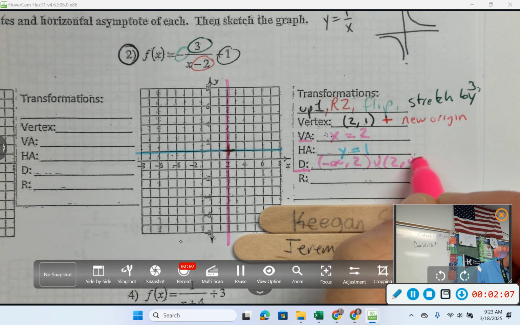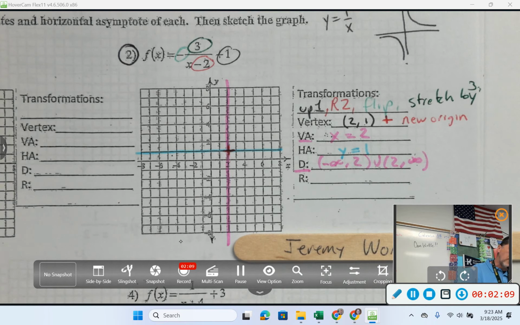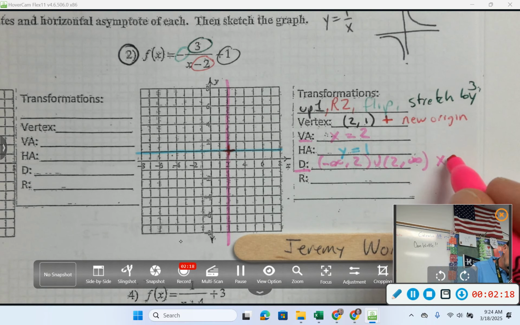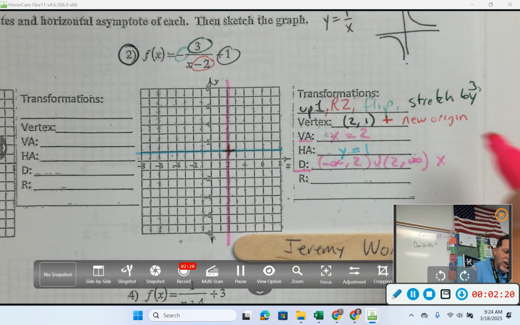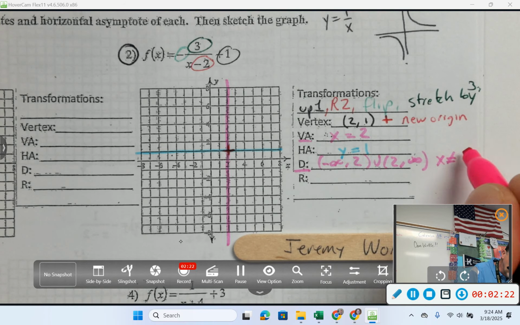So Keegan opted for the fancy version. What's the unfancy version? X can't be 2. And I'm okay with either one. The fancy version is nice because it's fancy. The unfancy version is nice because it's simpler, just to say X can't be 2.